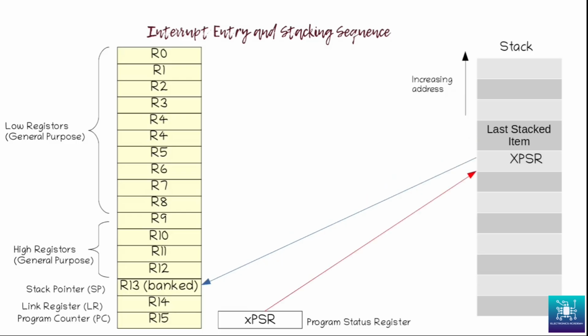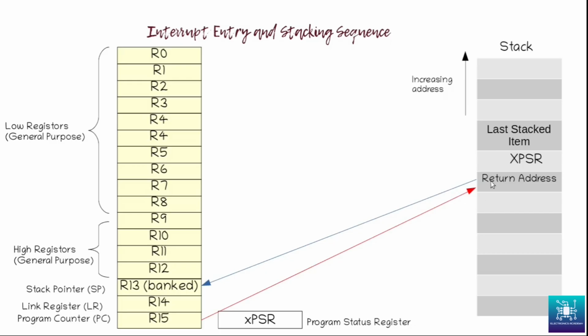Next, the red arrow stands for saving the XPSR into the next location in the stack, one address less. So it goes down one address and copies the XPSR value here, and now the stack pointer is pointing to this location.